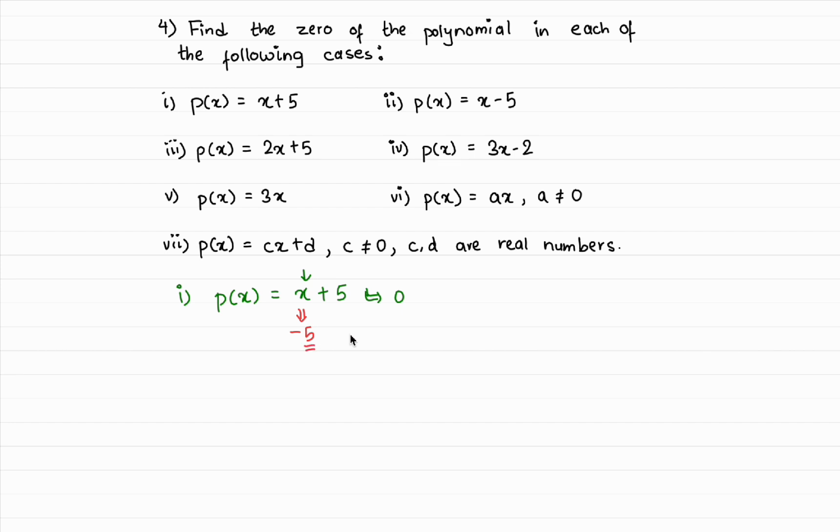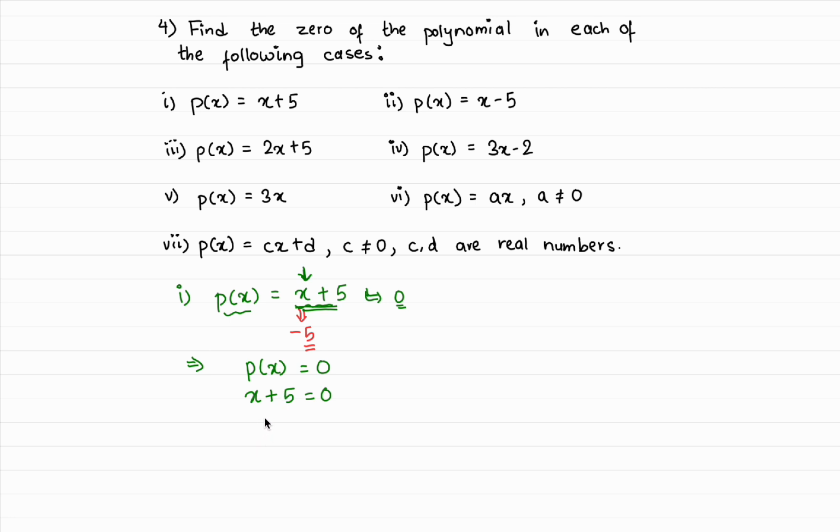You can intuitively think it like this, or the process to do this is that this entire thing, p(x), or this x plus 5, needs to be 0 for a particular value of x, and that value of x is our zero. The way to solve this is you just write p(x) as 0, and then you have x plus 5 is 0 for some value of x, and that value of x is our zero of the polynomial.